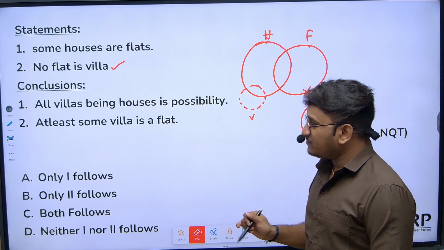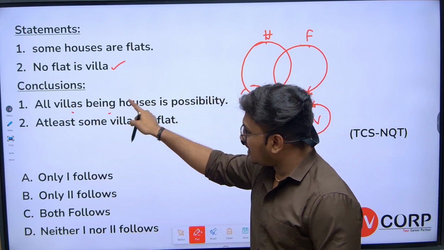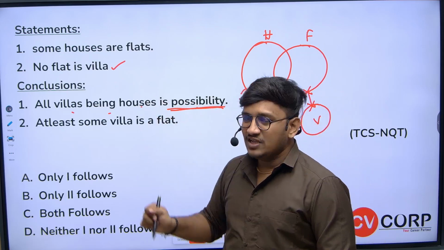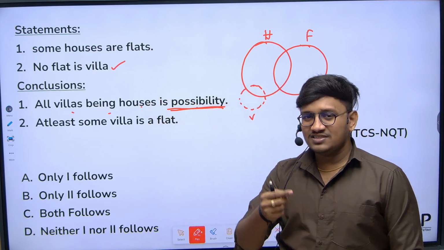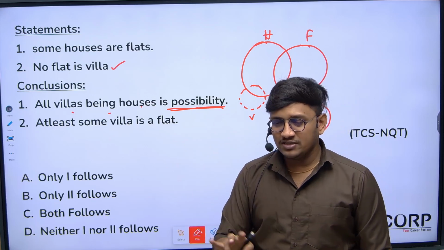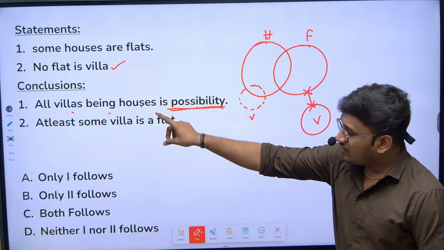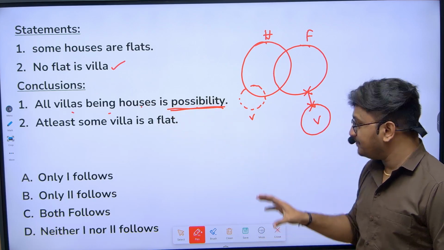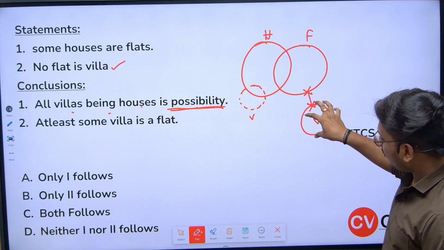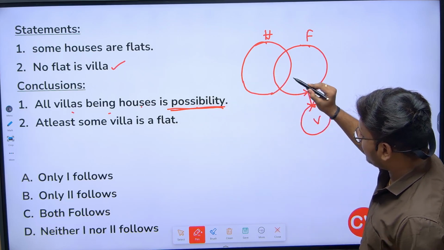Now what is the first conclusion saying? All villas being houses is a possibility. When they mention the word possibility, you just need to cross-check at least in one particular case whether it is possible to draw. If it is possible, then that conclusion is correct. Let me draw for your reference.